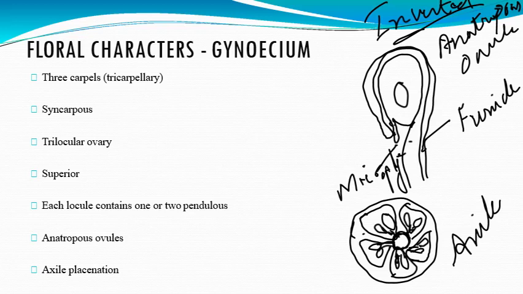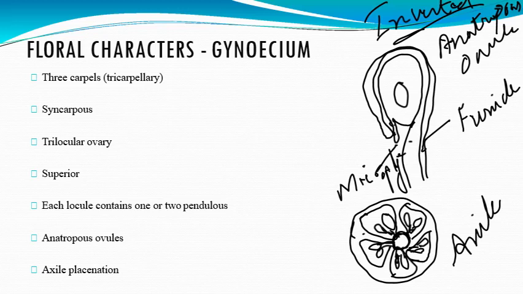So in case of Euphorbiaceae family, it contains 3 loculi in ovary. In Euphorbiaceae, the ovary is superior in its position, while the other parts, sepal, petal, and androecium, are inferior, and they originate below the ovary.